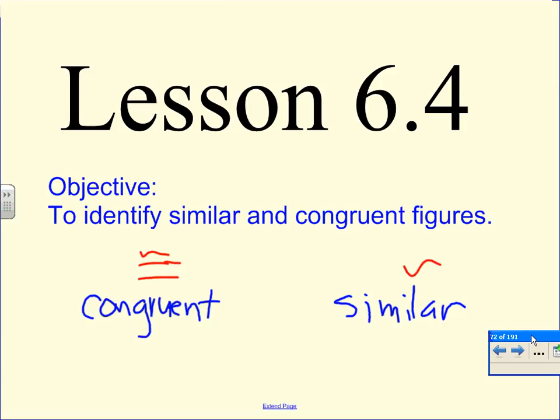Anyone know what the difference between congruent and similar is? Big difference. Justin, do you know? Good. Awesome. Anyone want to add anything to that? Jeremy? Awesome. Briar?